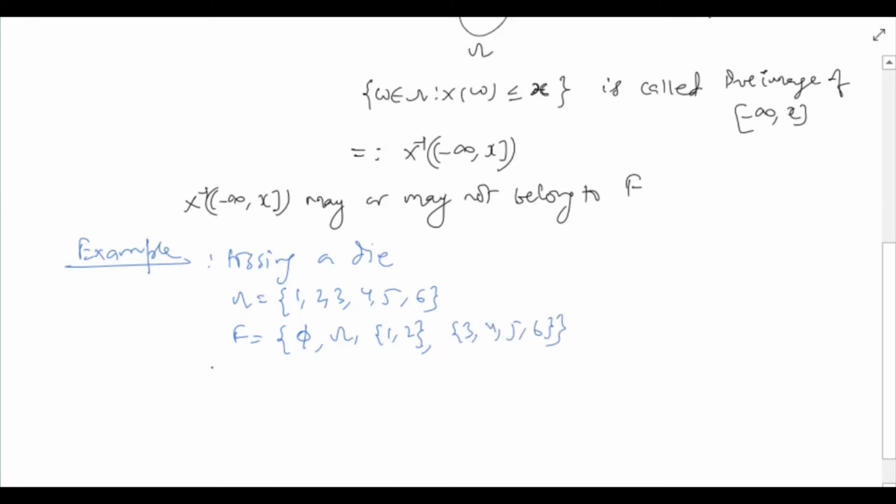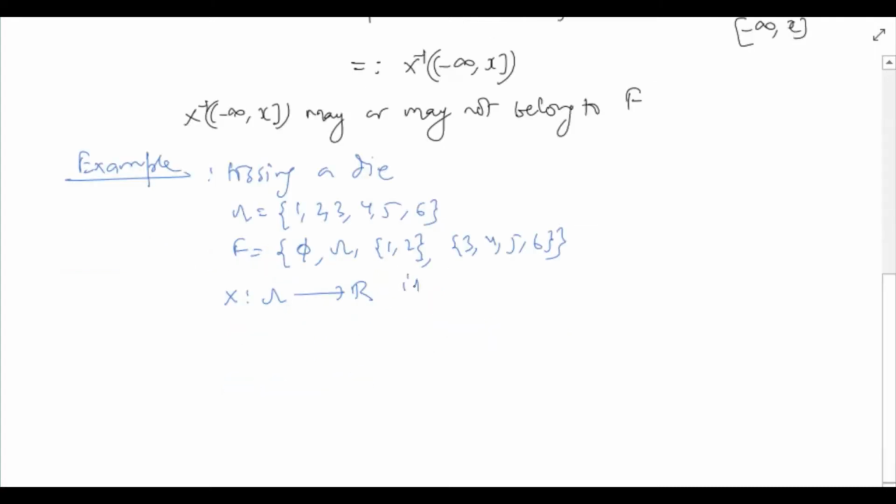Now we consider a function X from Omega to R defined as X of omega equals ceil of omega by 2.